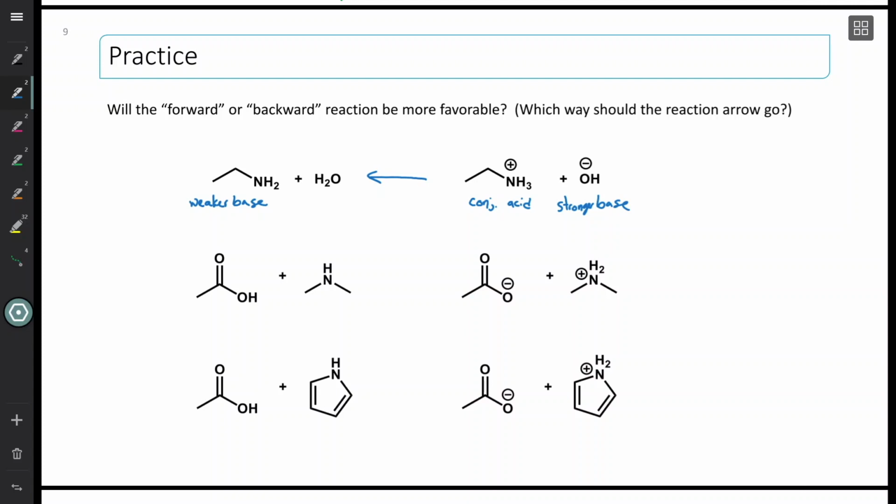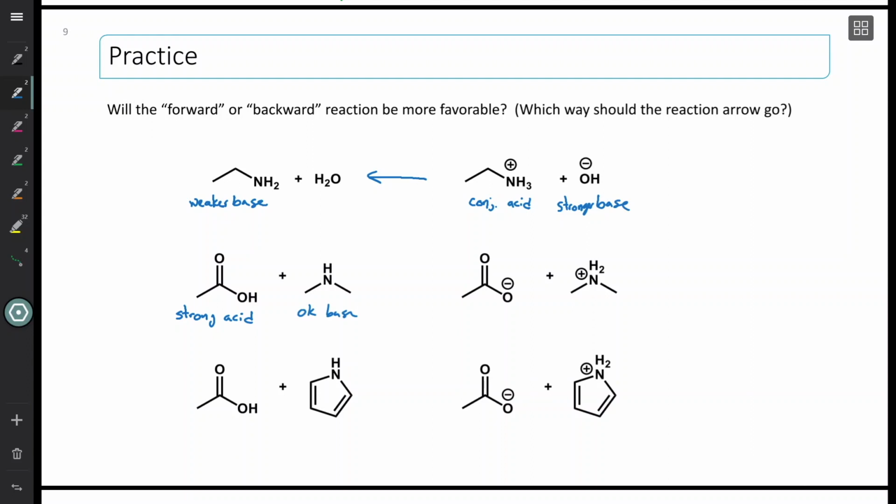Okay, I'll give you a second to do the next two. Ready? All right, here we have a carboxylic acid. That's a pretty strong acid. And here we've got an amine, which is an okay base. Let's look on the other side.